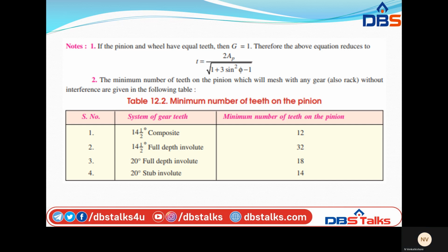So substitute capital G, that is gear ratio, as 1. What is the formula? Small t is equal to 2AP by the square root of 1 plus 1 into (1 plus 2), that is 3, into sine square phi minus 1. So the above equation is reduced like this.